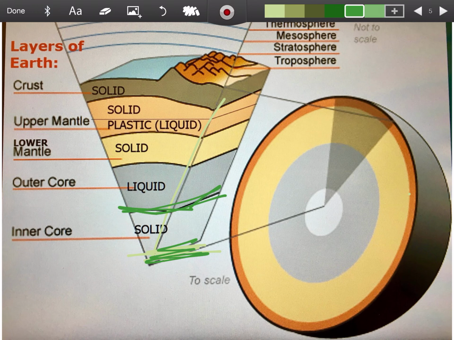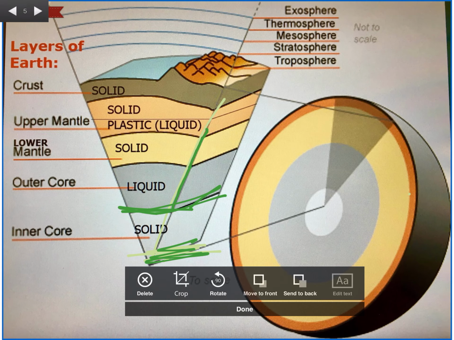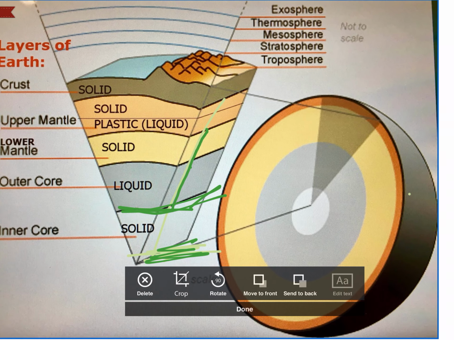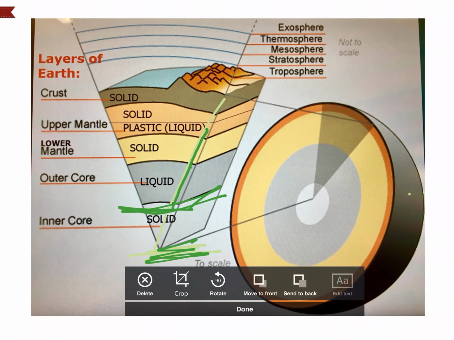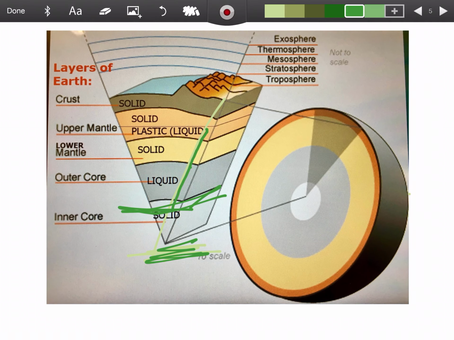After the liquid there are solids again, and then a plastic type of liquid, and then solids again. Now this is the earth, and then there's water over here.